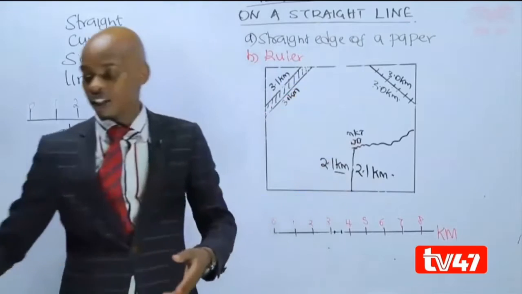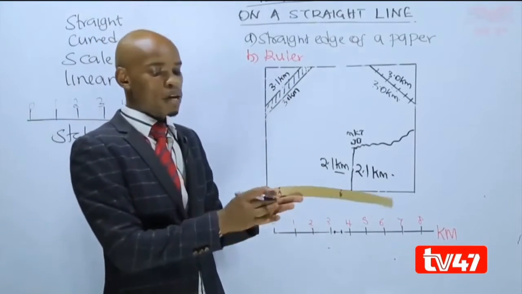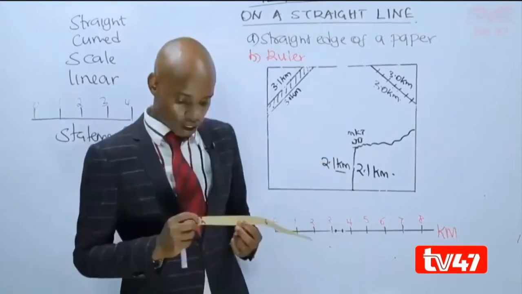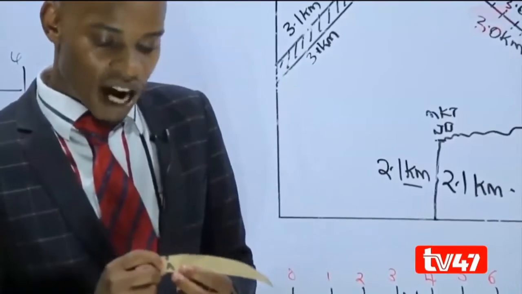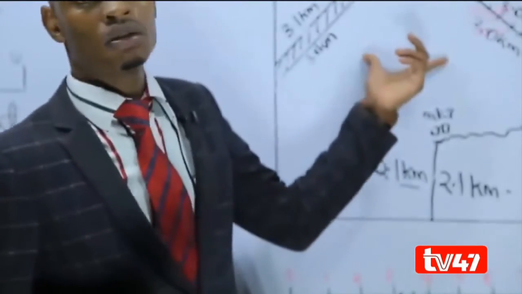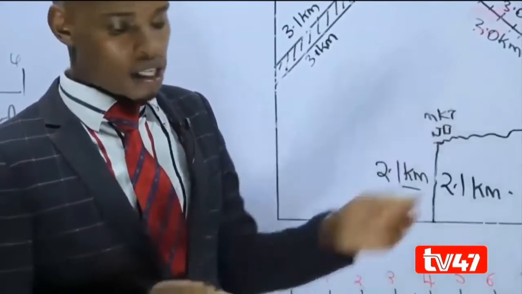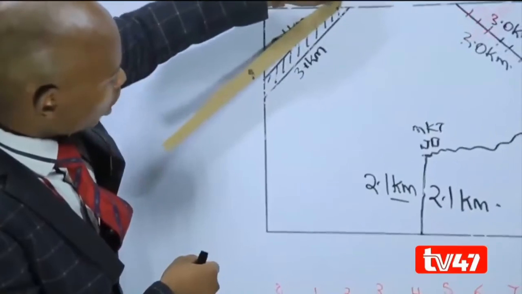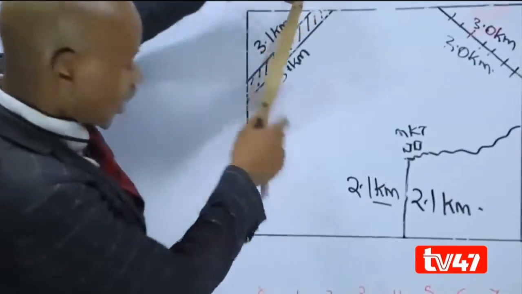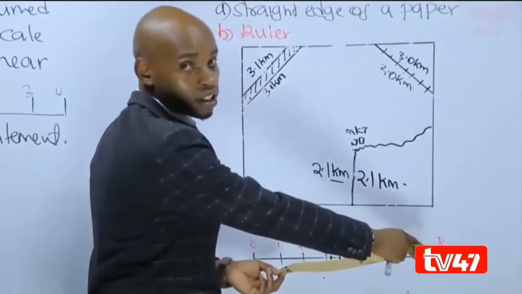And when you're using a straight edge of a paper, I have explained that you need to make your first point as point A. This one you have marked before measuring on the map. Then after your first point, you mark your second point and translate those measurements on the scale.